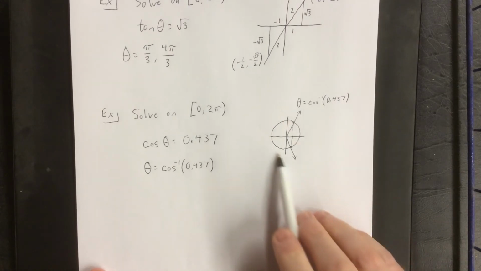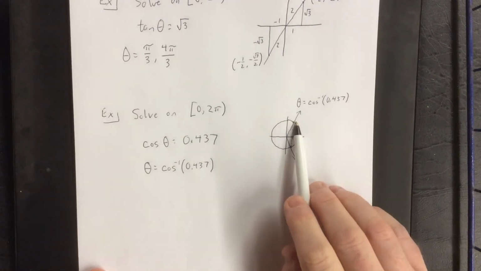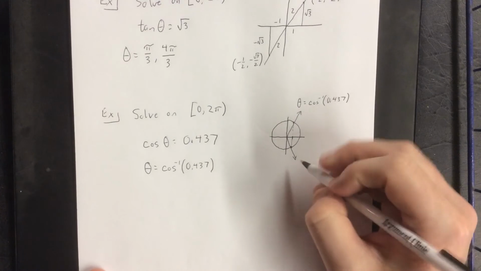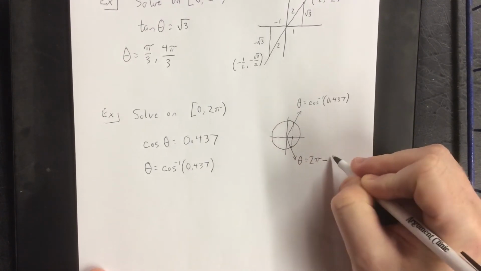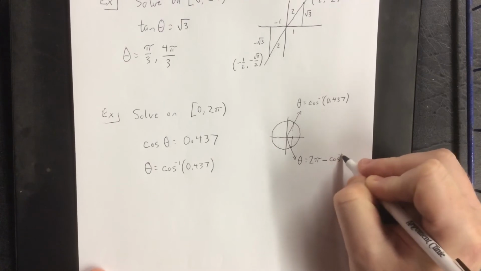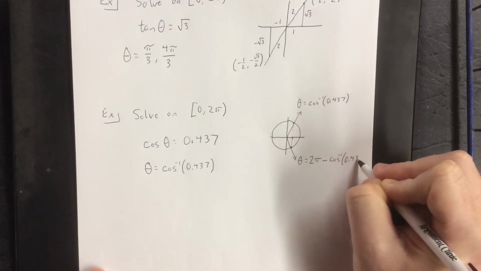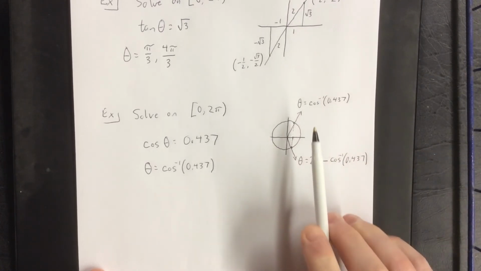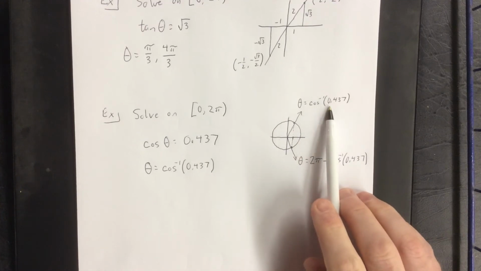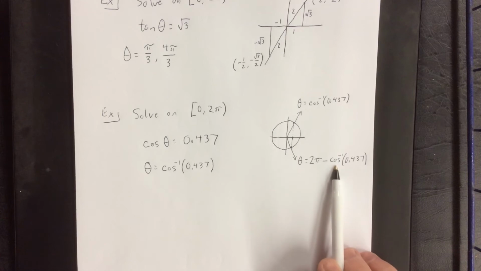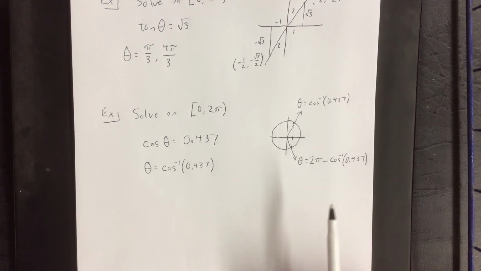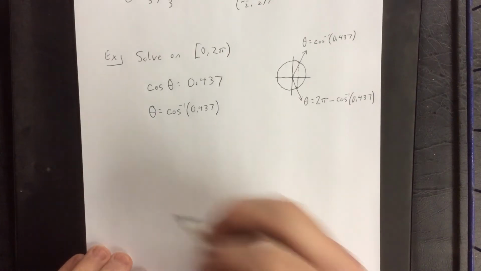We also want the angle that's in quadrant 4, so we'll need to chase the angle from quadrant 1 into quadrant 4. And the way that we do so is by taking 2 pi minus that angle. So the exact versions of the final answers would be the inverse cosine of 0.437 and 2 pi minus the inverse cosine of 0.437. If so desired, you can use your calculator to approximate.